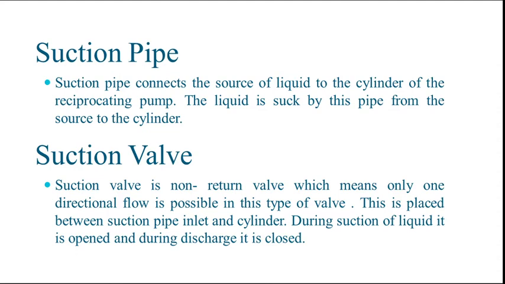The liquid is sucked by this pipe from the source to the cylinder. Suction valve. It is the non-return valve, which means only one directional flow is possible in this type of valve. This is placed between the suction pipe inlet and the cylinder. During suction of the liquid, it is open and during the discharge, it is closed.